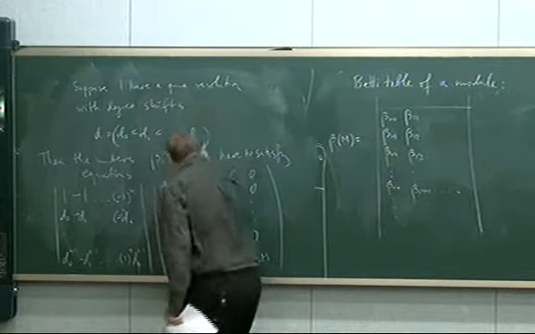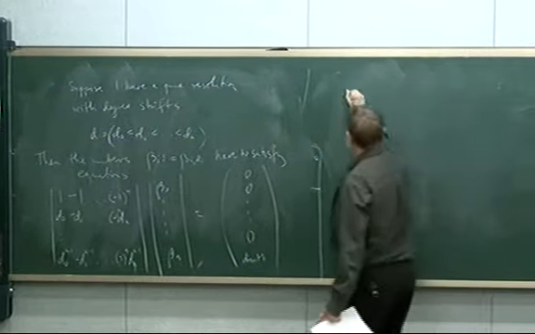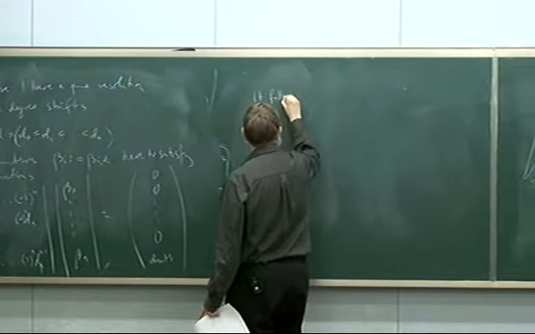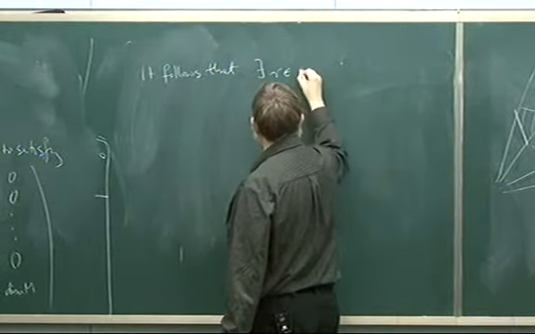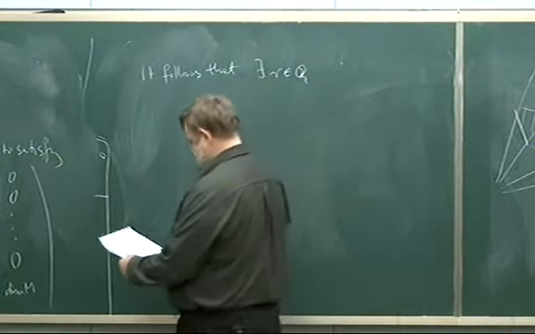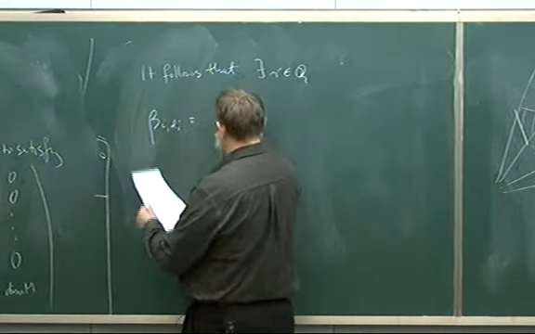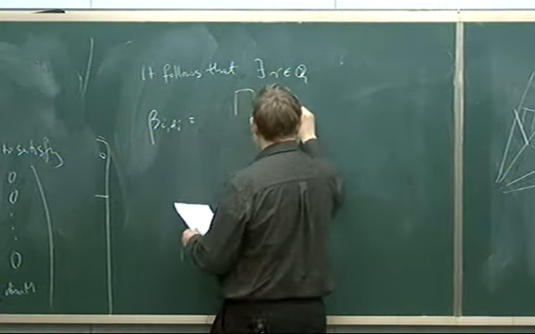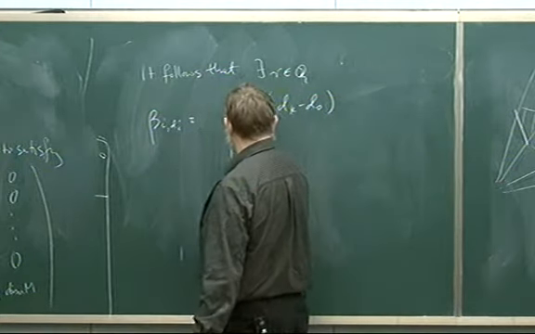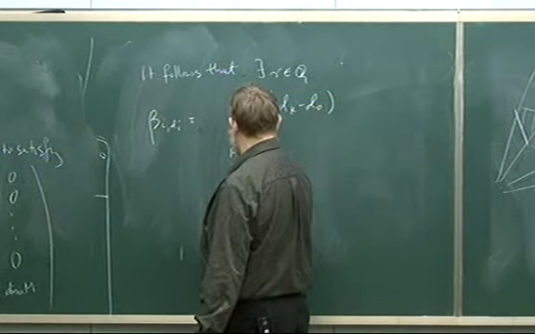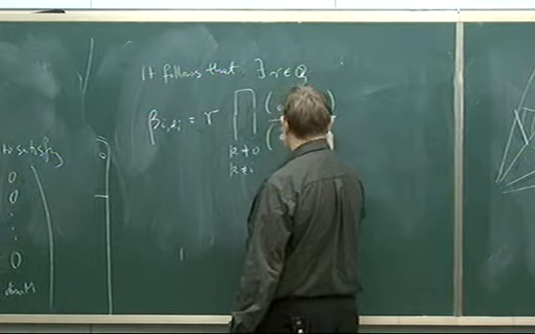So it follows that there exists an R in, say, Q, such that beta_i equals R times the product over k not equal to 0 and k not equal to i of d_k minus d_0, divided by d_k minus d_i. Here's my R.